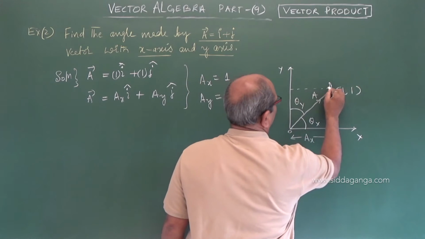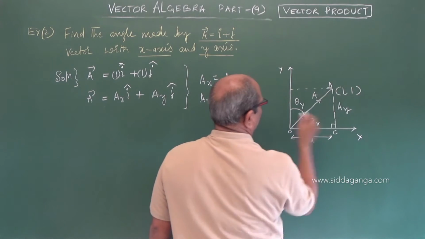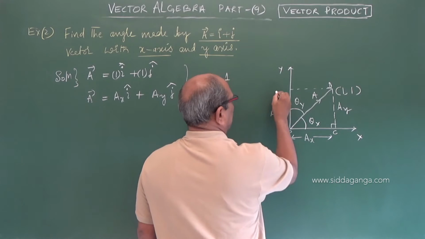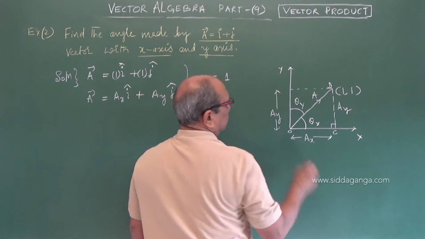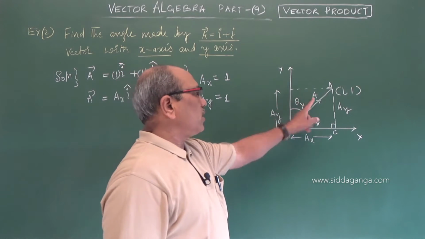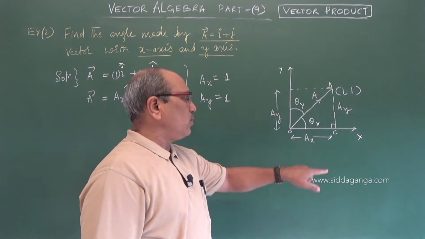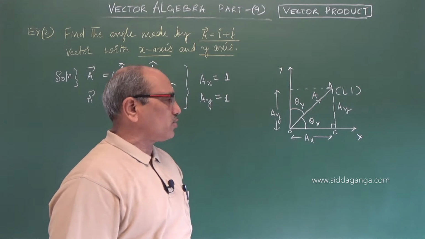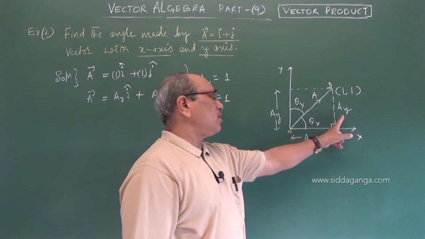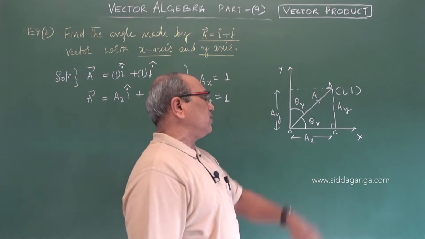And this, if I take here as AY, magnitude calculating theta is possible, because AX by A, adjacent side by hypotenuse, is cos theta, or here opposite side by hypotenuse is sin theta.